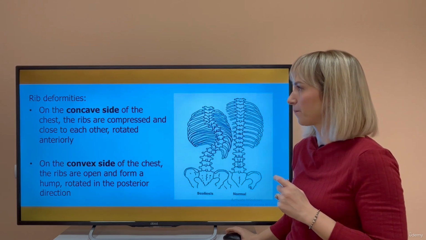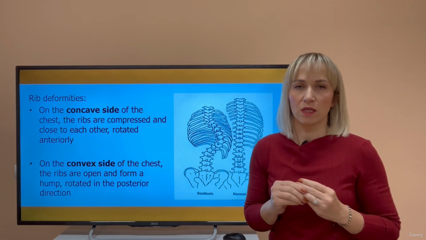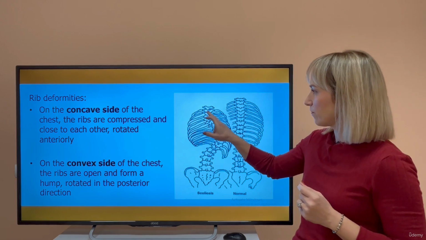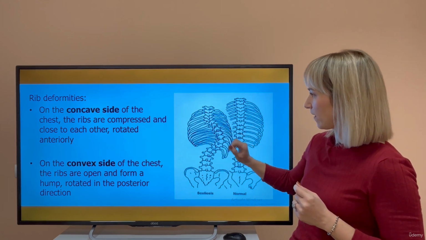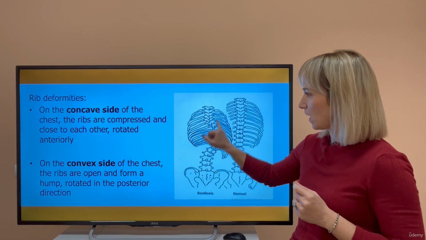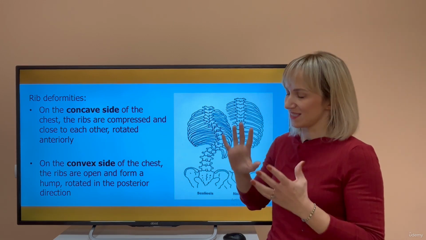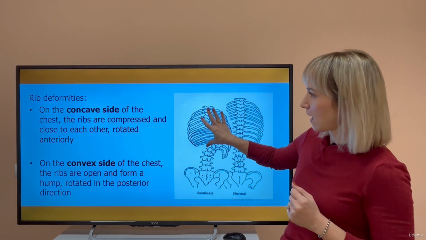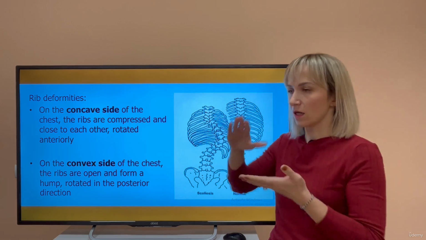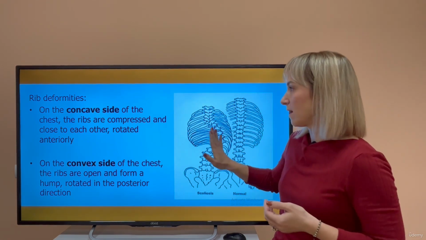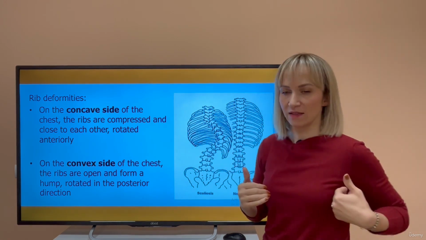So you don't have a normal vertebra, but we have a deformation of the vertebra itself, on the structure of the vertebra. What happens in the ribs? It's when we have the concavity and the convexity. So this is the concavity and this is the convexity. In the concave part, the concave side, the ribs are compressed and close to each other, and they are rotated anteriorly.